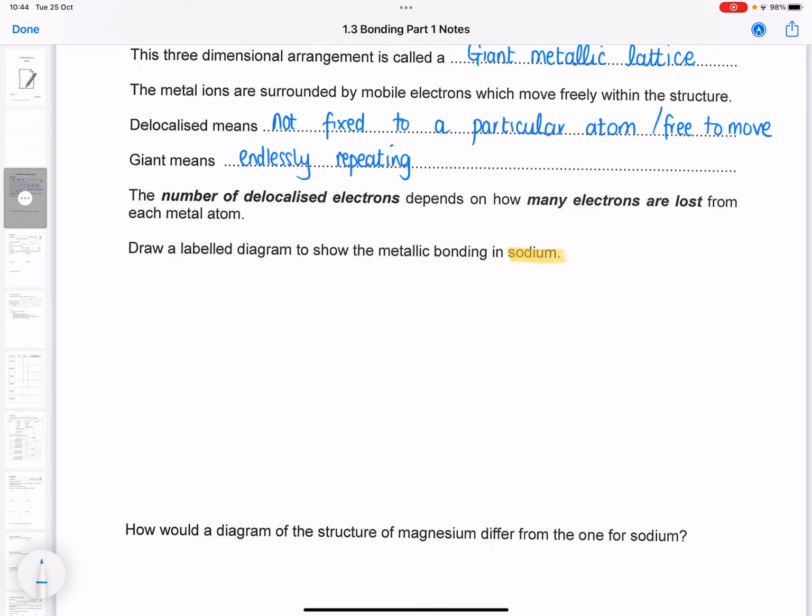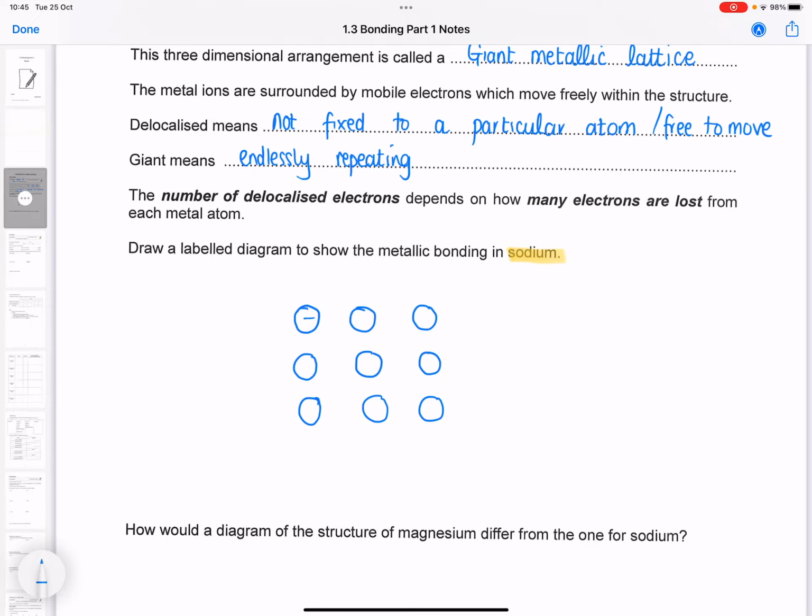So we need to draw maybe 9 or so positive ions of sodium, and then the equivalent number of electrons, because they each lose one. So I'm going to draw them in a close packing regular pattern, so at least 9.